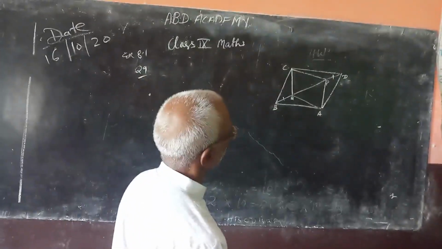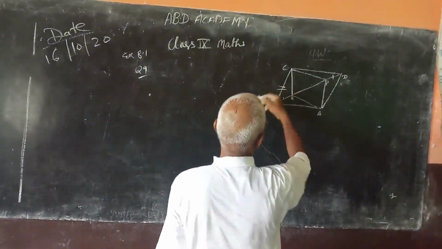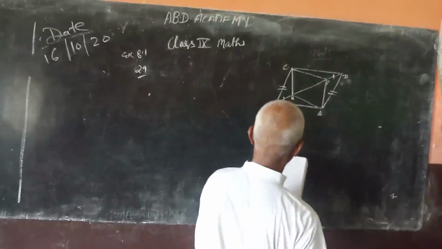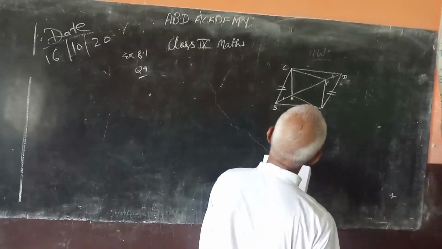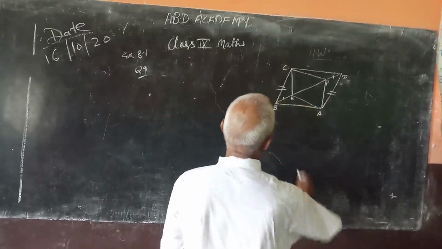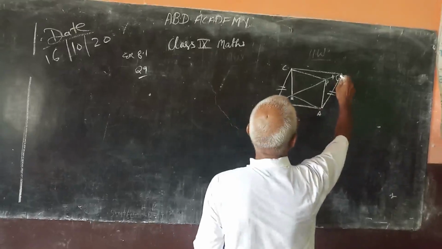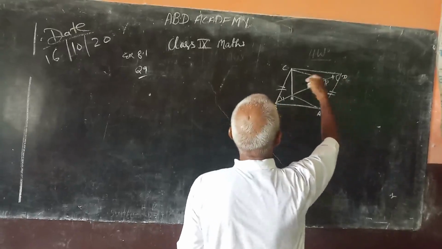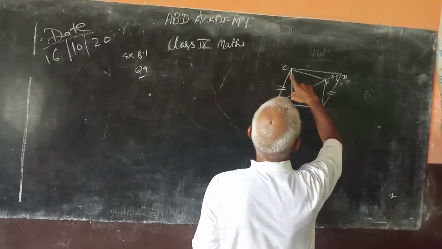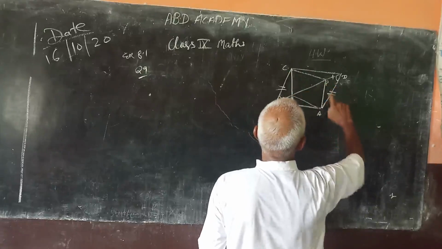Now taking these two triangles, this side is equal to this side, given, meaning BC is equal to AD. And an equal angle: this is equal to the alternate angle this. Angle CBQ is equal to angle, which one?